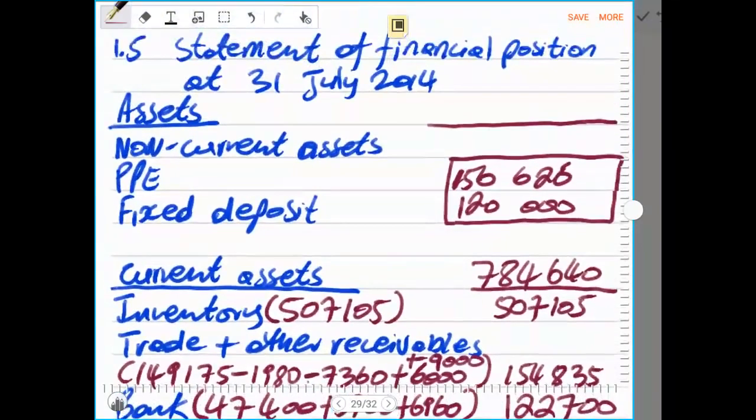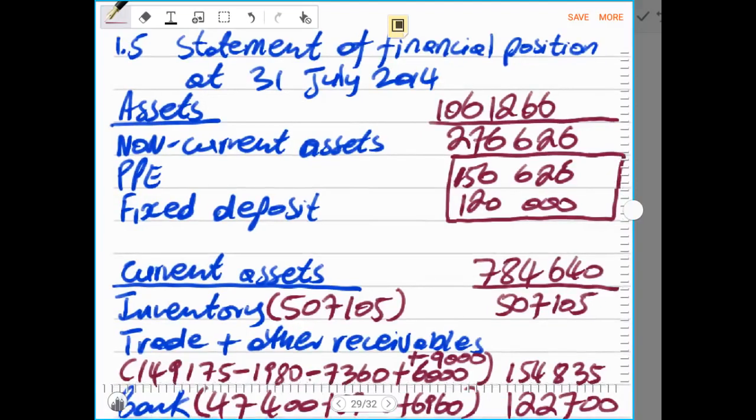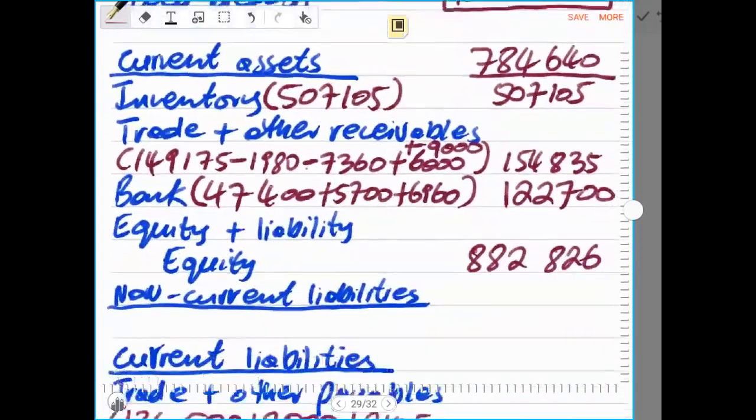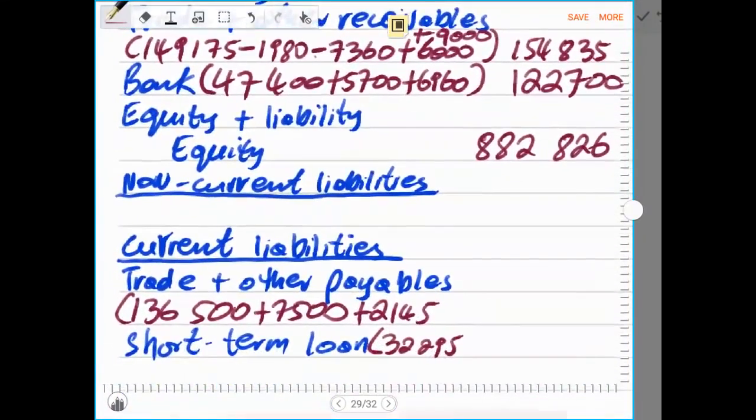Then the total of our non-current assets, 156,626 plus 120,000, will give us 276,626. If we add the 784,640, that will give us 1,061,266.